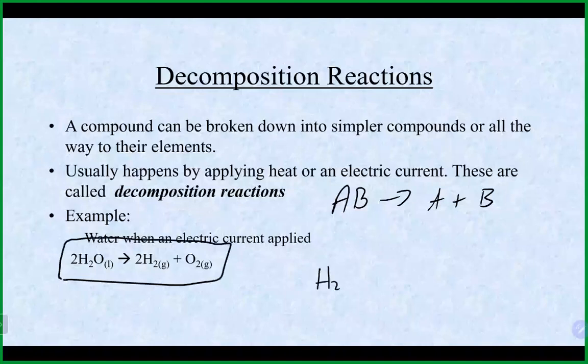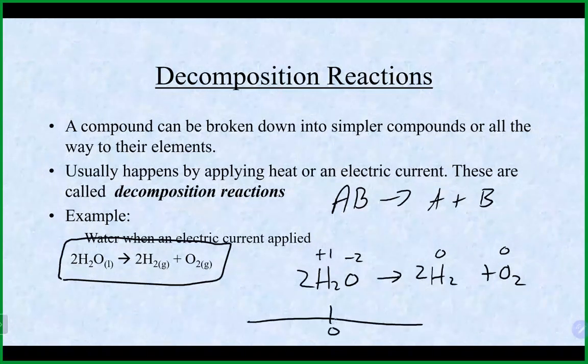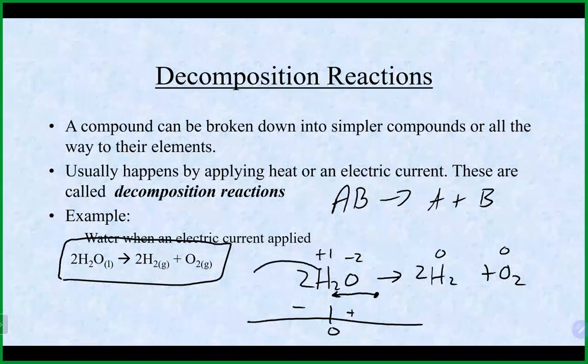This is still, by the way, a redox reaction as well. Hydrogen is +1, oxygen is -2, and these are 0 in this case, yeah? So in this reaction, the hydrogen is starting at +1, ending at 0, which means it's becoming more negative. So it is the hydrogen in water that is being reduced.